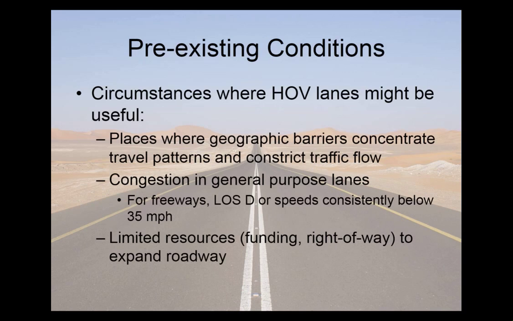Also, if there are limited resources, funding, or available right-of-way to expand the road, it might be better to either convert existing lanes to HOV use, or to add new lanes but make them HOV lanes so that more use can be made out of them.